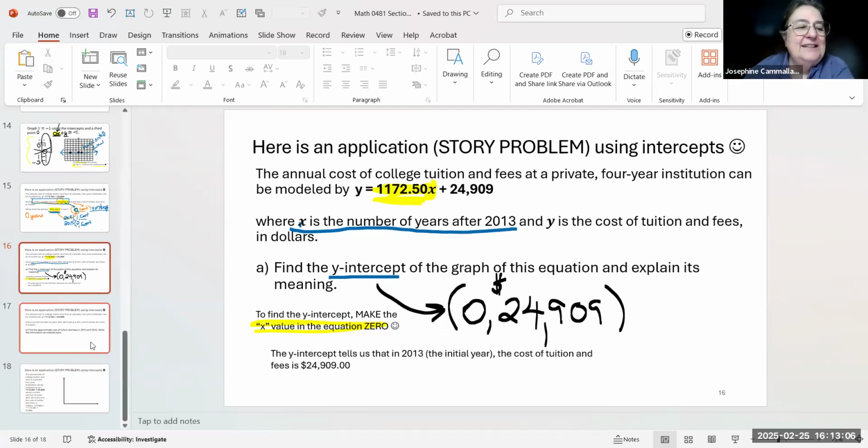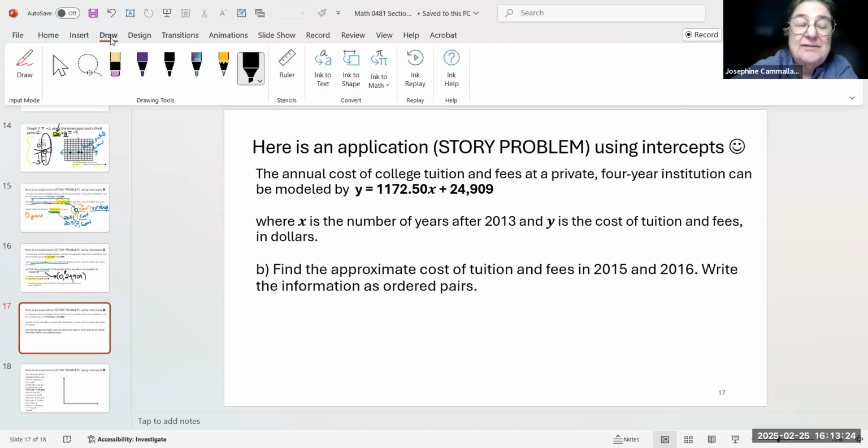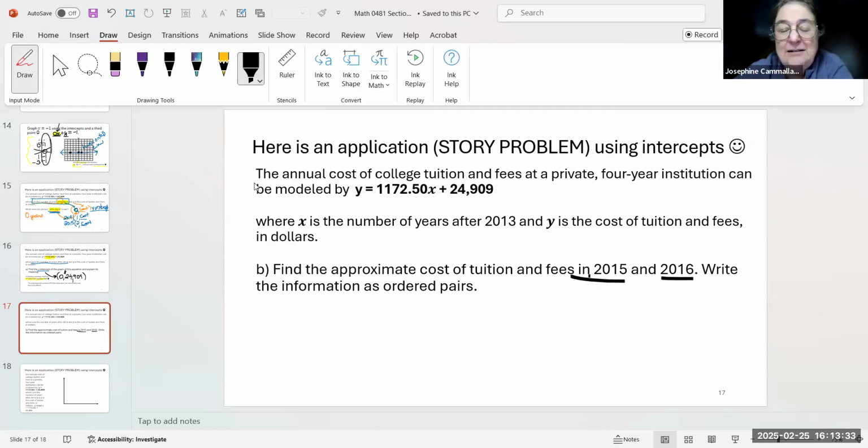Now, here comes the fun part. This is where you really got to understand what we talked about. They want you to find the approximate cost in 2015 and in 2016. Okay, this is where you have to be careful.